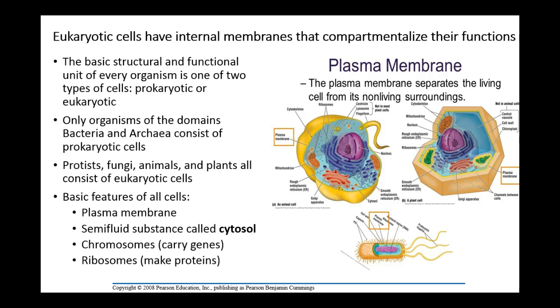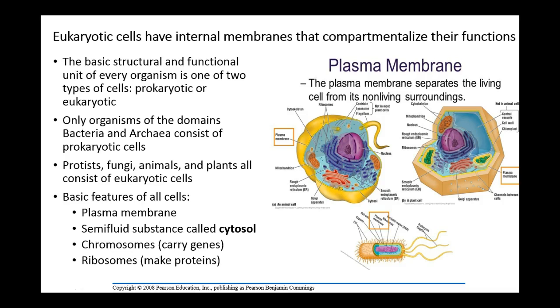There are two types of cells, prokaryotic and eukaryotic. And it's the eukaryotic that have these internal membranes. Prokaryotic tend to not have the internal membranes. You can look at the bottom of the slide here and also in your textbook where you have a blow up of a prokaryotic cell.